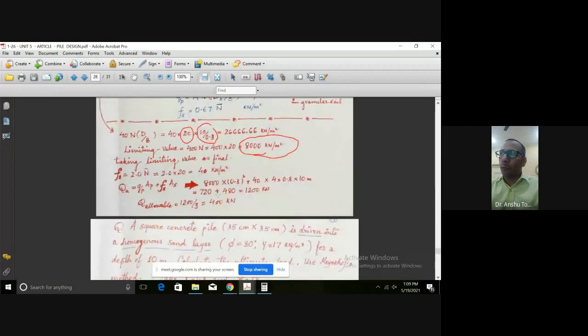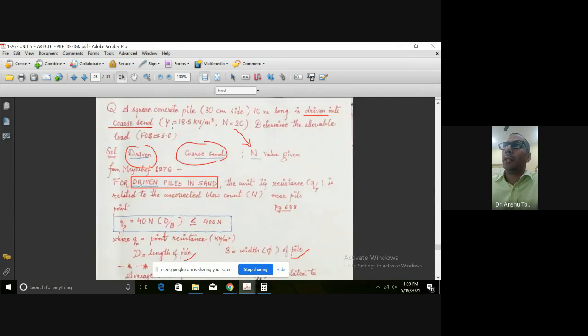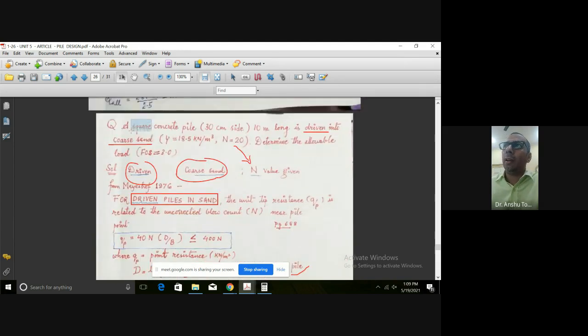So for finding out, as it is written here, we can see it is QP into AP plus QS into AS. That will give us Q ultimate. Now we will just replace the values, because we have not yet found AP and AS. So AP is going to be, what is it? It is a square pile.